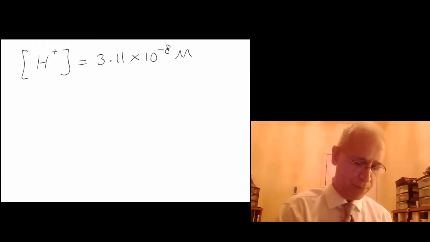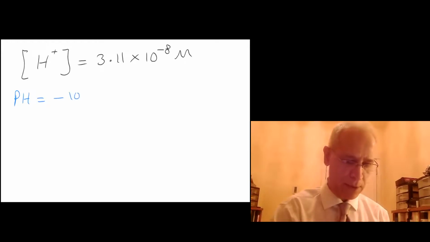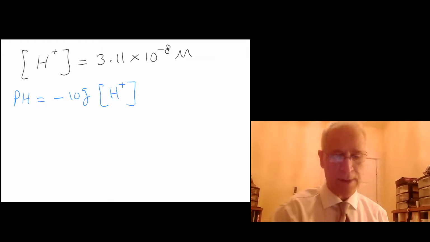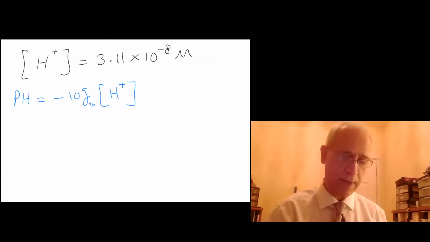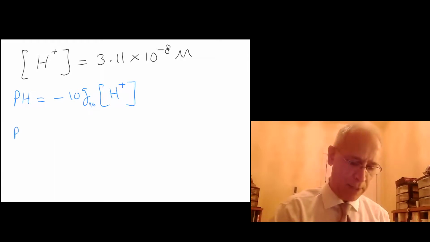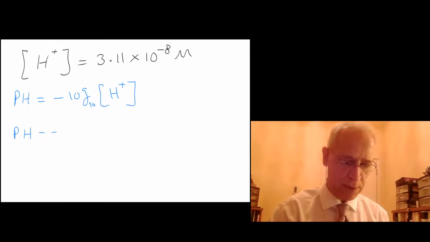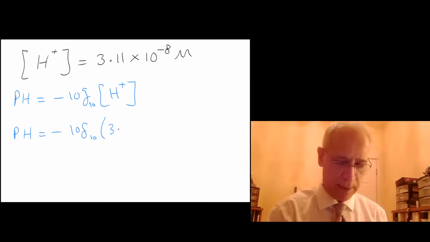So you can say that pH equals minus log base 10 of H plus. Let me put the base 10 here just for the heck of it. And so pH equals minus log of 3.11 times 10 to the negative 8.